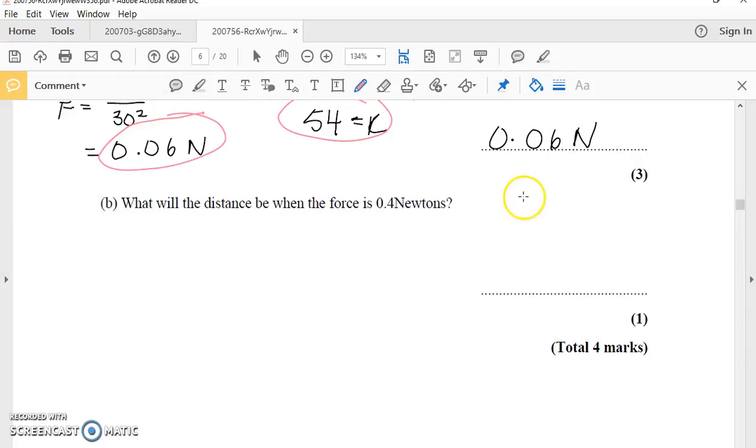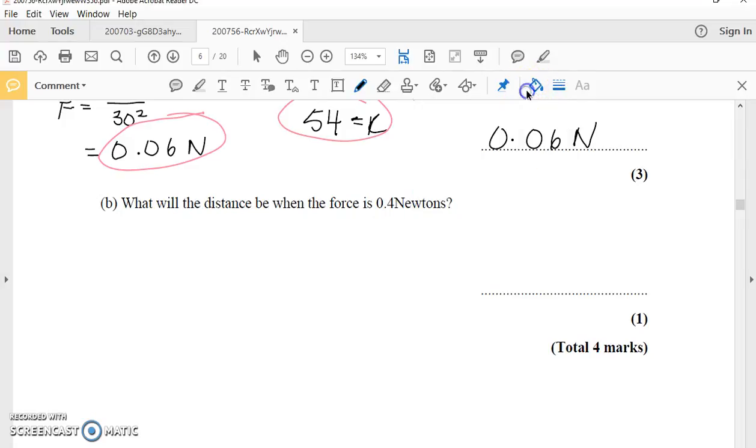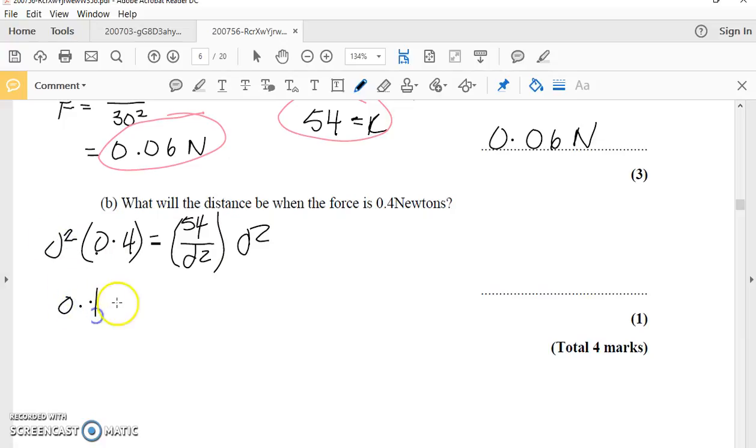Now, with this last one, it's 1 mark, all we're doing is plugging and chugging, which is just my ridiculous way of saying you're plugging in values. So, I have 0.4 equals 54 over d squared. I'm going to multiply both sides by d squared, move it over to the other side. So I have 0.4 d squared equals 54.